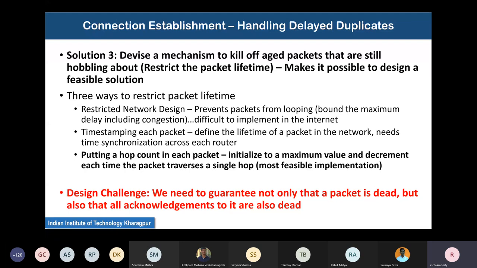Second, as I said, you have to timestamp each packet. You define the lifetime of the packet in the network. The packet started at this time, plus 60 seconds plus 120 seconds have passed. So definitely its duplicate has been sent by now. So I will kill it.